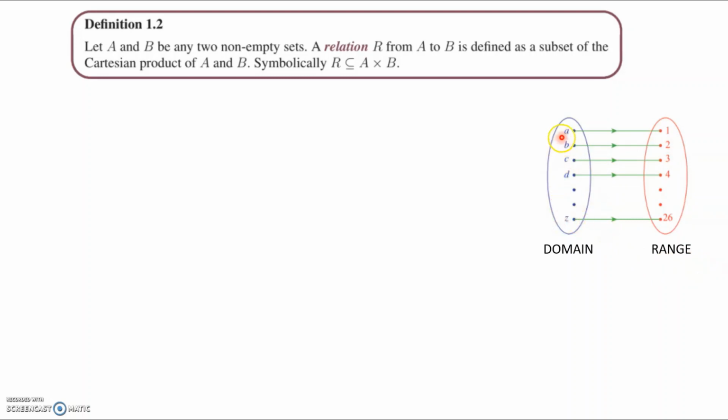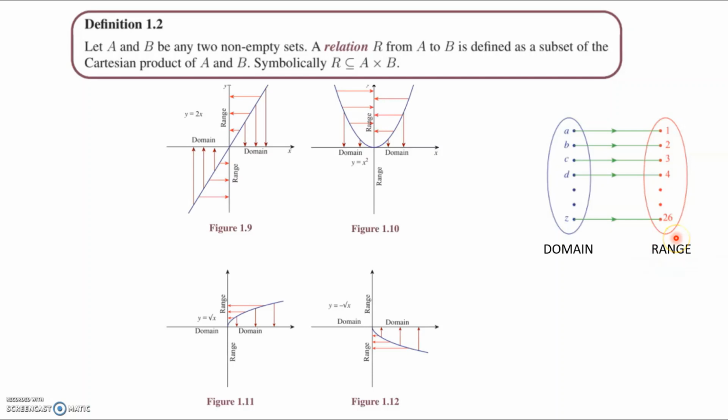Now the relation starts from this set. Let's call this A. This set from where the relation starts is called the domain, and where it's related to is called the range.